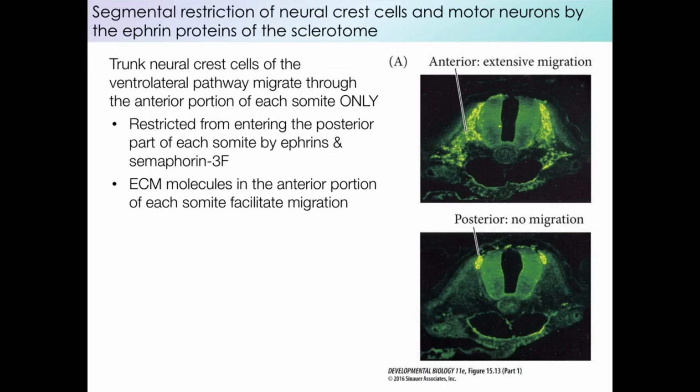So there are juxtacrine factors like ephrins and secreted factors like the factor semaphorin 3F that prevent these cells from entering the posterior region of each somite. At the same time, in the anterior portion of the somite, you have extracellular matrix molecules that promote the migration of these ventrally migrating trunk neural crest cells.